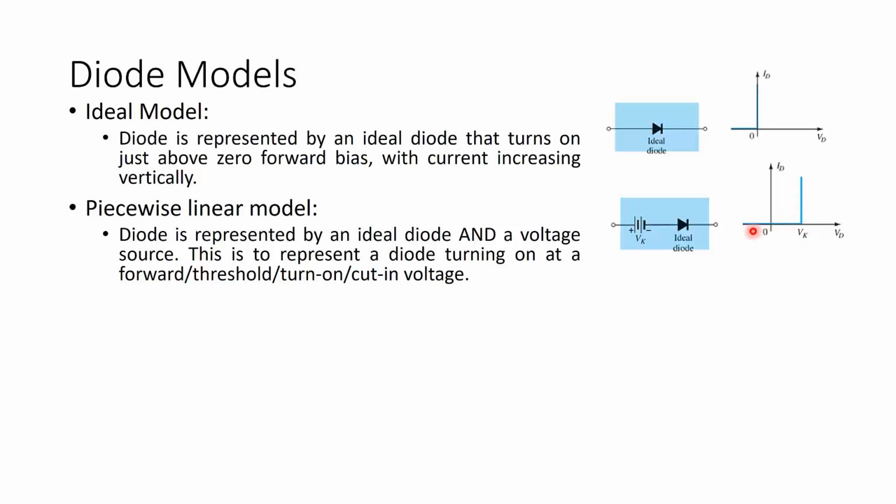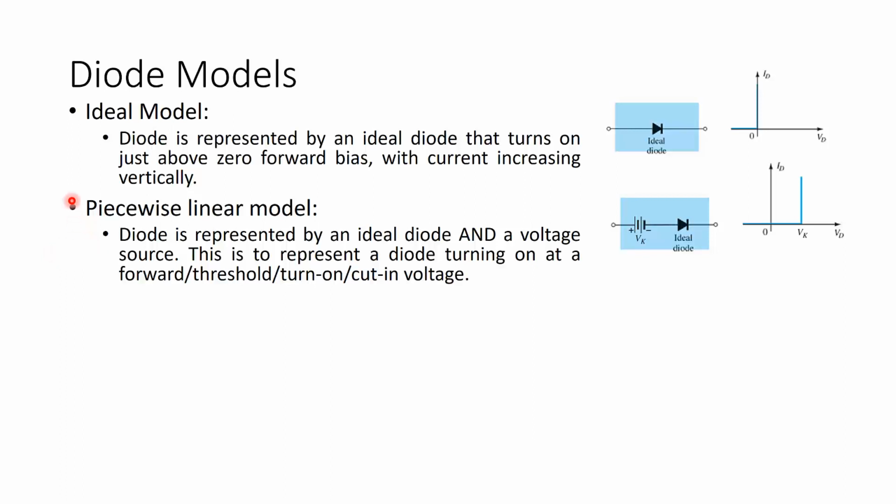It doesn't matter which term you use. It simply means that you are providing sufficient applied bias to the PN junction to turn it on, to make it forward bias to allow current to flow. So let's call it forward voltage here. It will turn on at this forward voltage. This is a bit more realistic, because all diodes that you find in the real world have a forward voltage required for them to turn on.